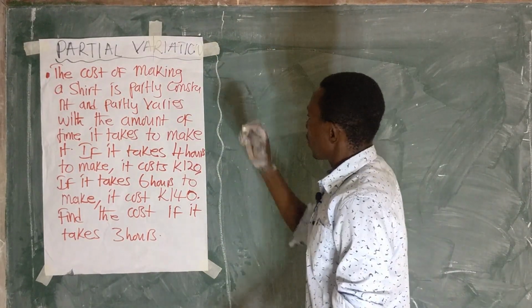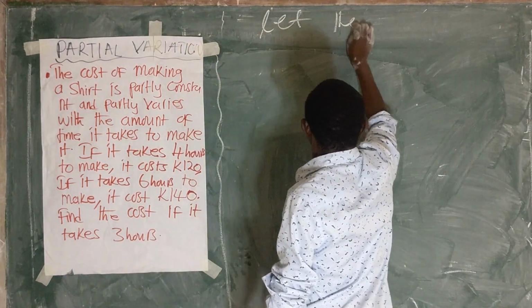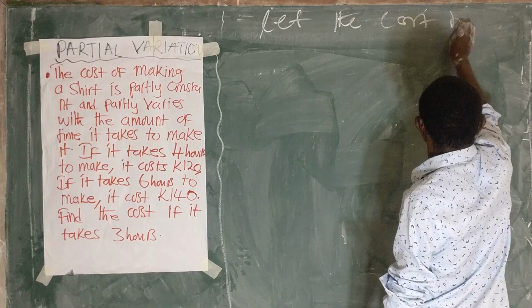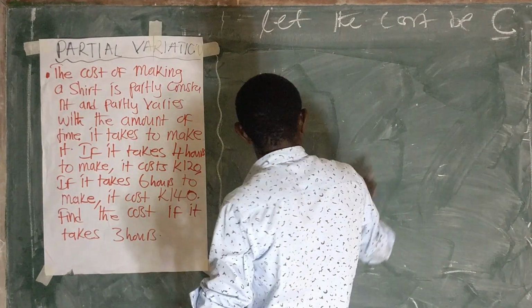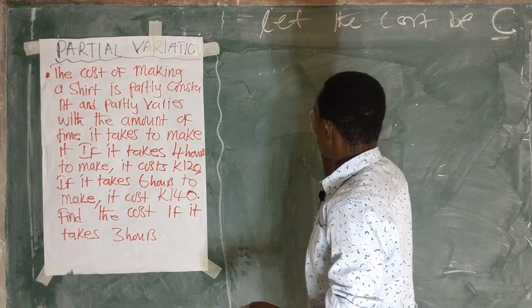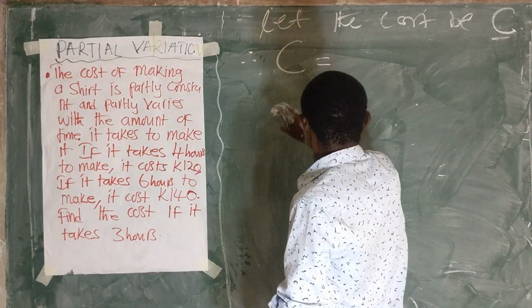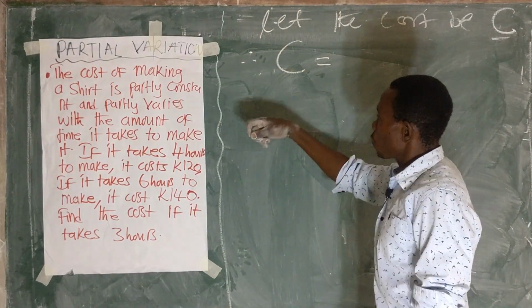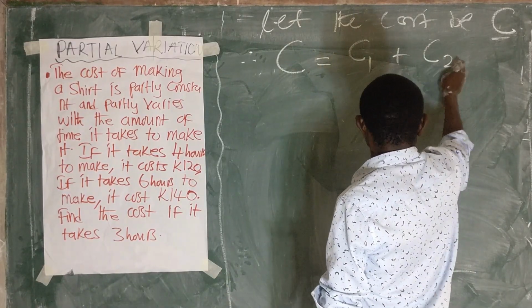So here you can let the cost be represented by C. Which means this C is coming from two parts. Therefore C is equal to the sum of two parts, C1 plus C2.